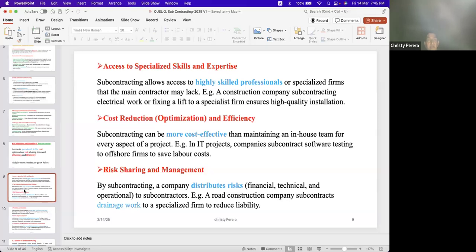So that means drainage work in a high-rise building is an entirely different, very difficult task. You'll have to be very careful. You should have a specialized firm to do that.